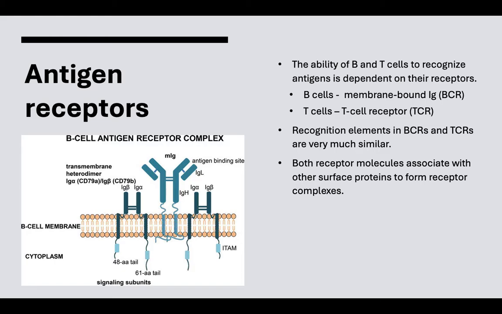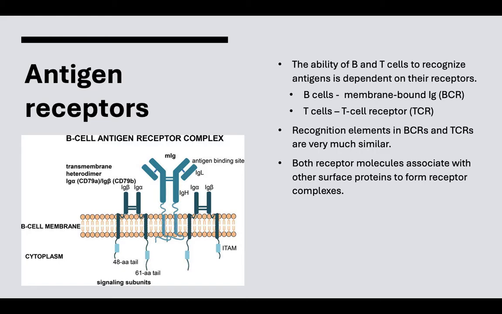Like in the case of our B cell receptor, they form associations with other surface proteins, the alpha and beta proteins, that are very proximal to them, assisting in the whole recognition process.